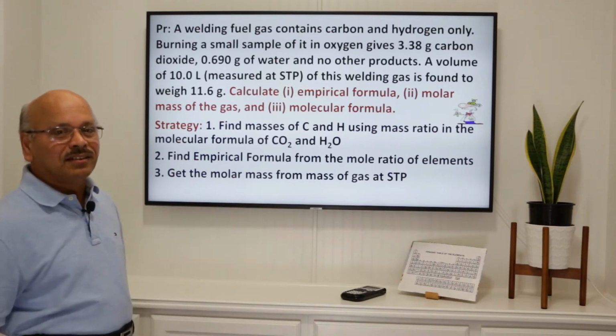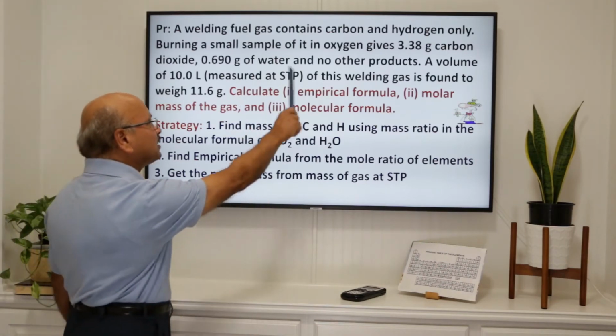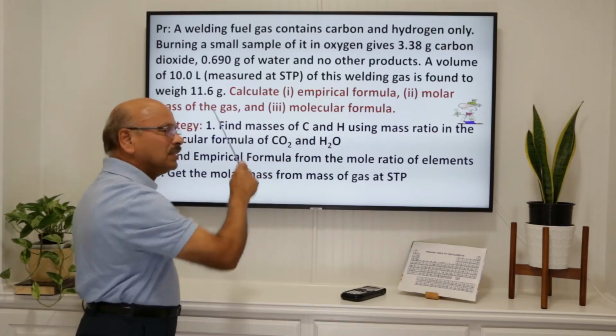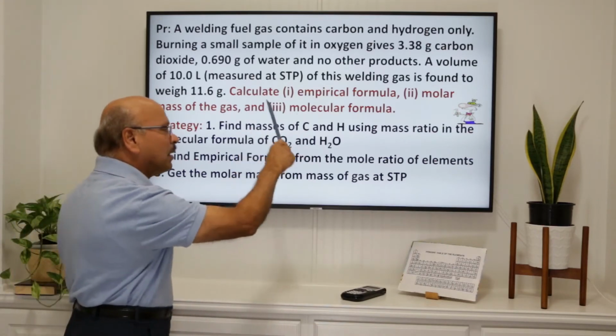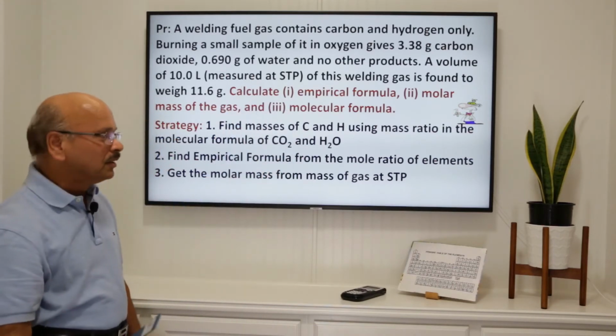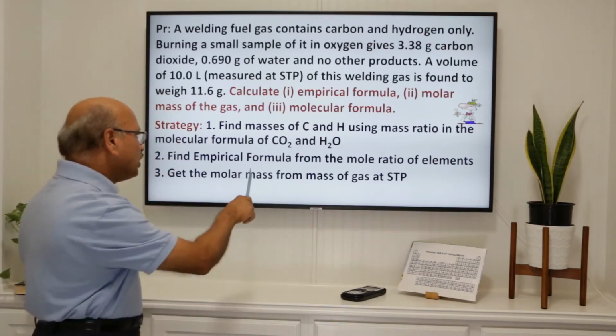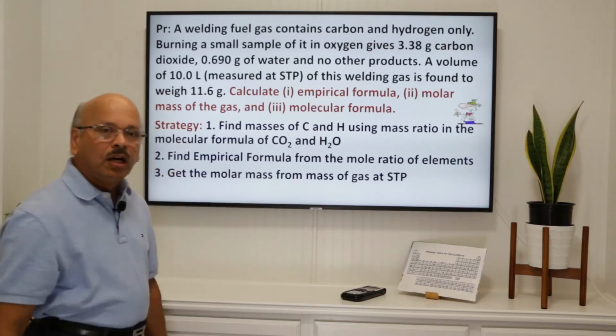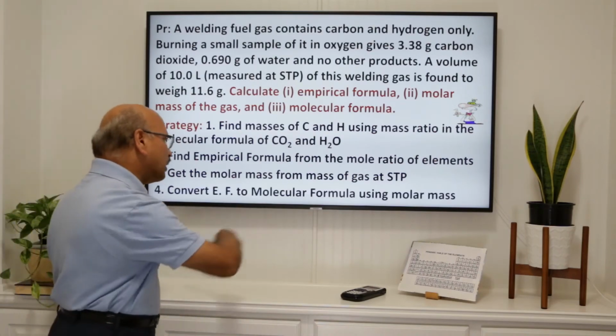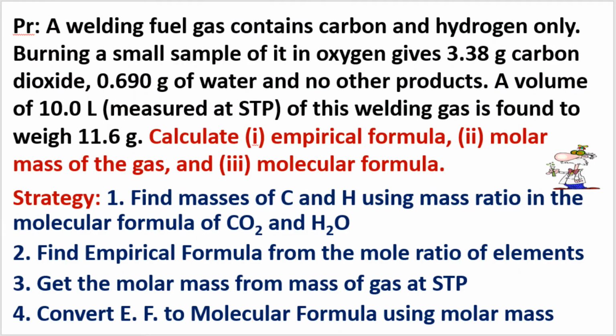The molar mass. So that's the idea. Since the mass of 10 liters is given, we can easily calculate the mass of 22.4 liters, and that gives you the molar mass. And then once you get the molar mass and the empirical formula, you can easily go to the molecular formula, just as we have done. So these are the data, or the strategy, which we can use.